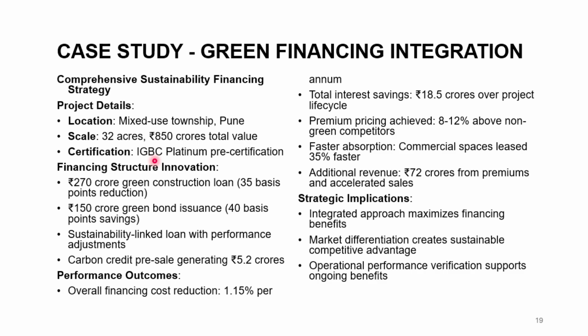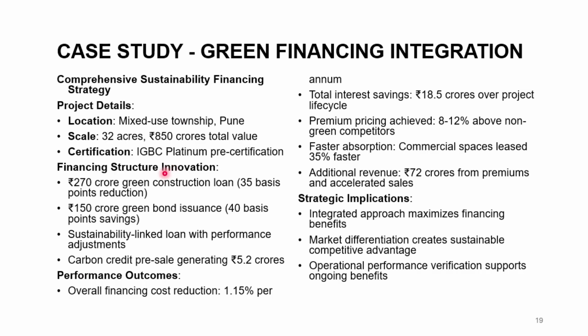So another will be, a location is mixed use township Pune, scale is 32 acres, 850 crore total value, certification, your IGBC Platinum pre-certification. So this is a mixed use township with IGBC Platinum pre-certification.